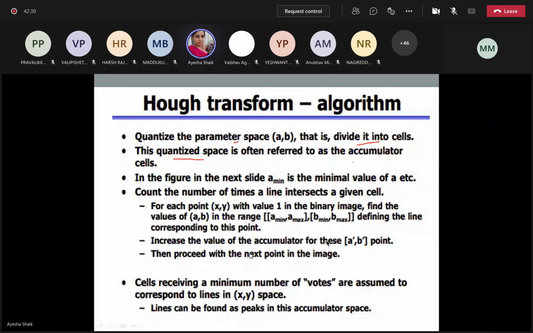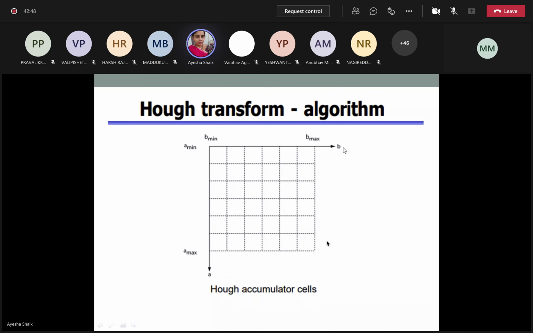The same process repeats. After that, the cells which receive the minimum number of votes, we take as the lines in xy space. Lines can be found as peaks in the accumulator space. So this is an accumulator cell, and we need to find the values within this range.